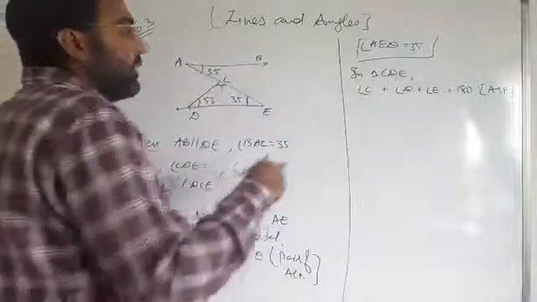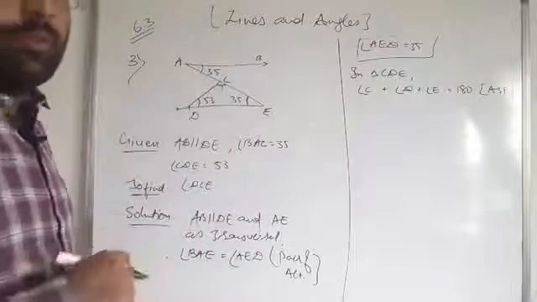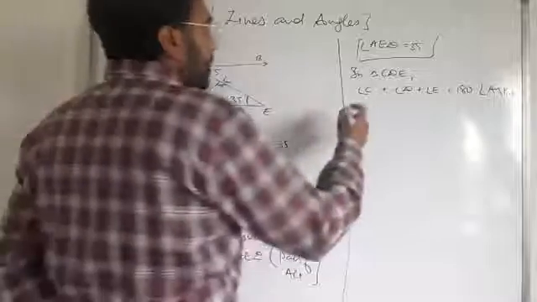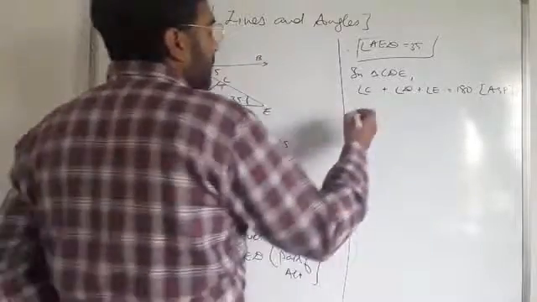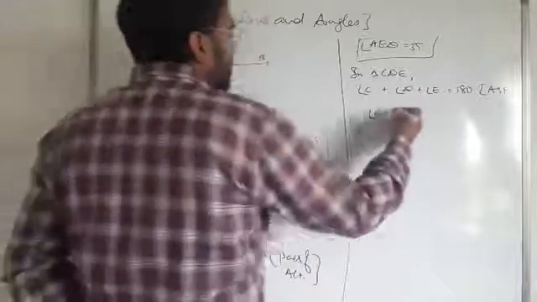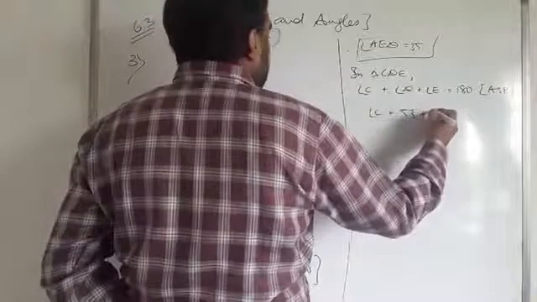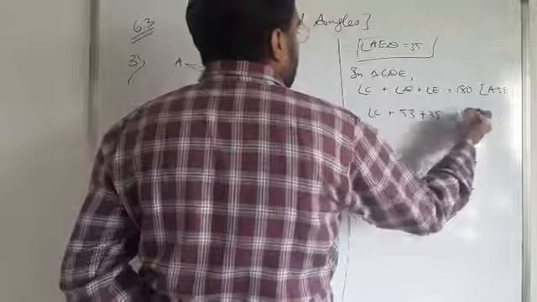What is the angle sum property? The sum of all the angles is 180 degrees. So angle C, which we have to find, plus angle D, given as 53 degrees, plus angle E, 35 degrees, is equal to 180 degrees.